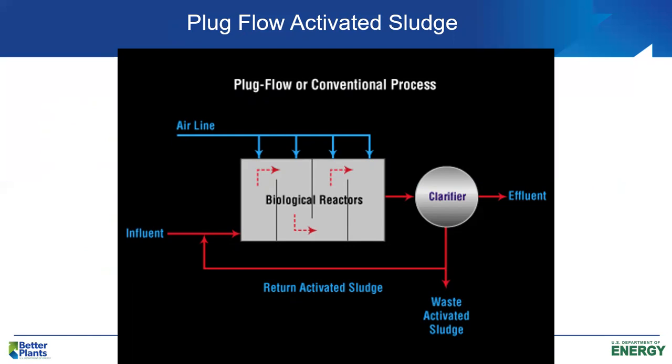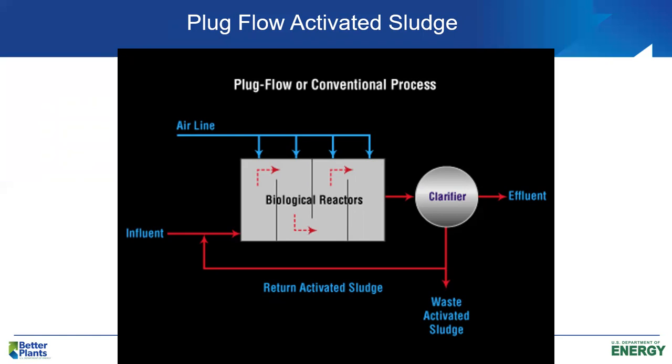And here we either have a long, narrow biological reactor, or we have one shown here. It's a folded reactor, and using baffles in the reactor, we basically divide the reactor into 4 zones, and that allows us to achieve a serpentine flow pattern and a plug flow mixing regime.